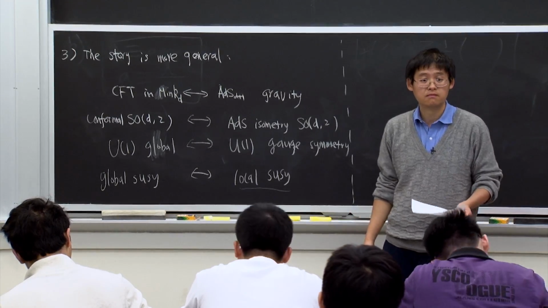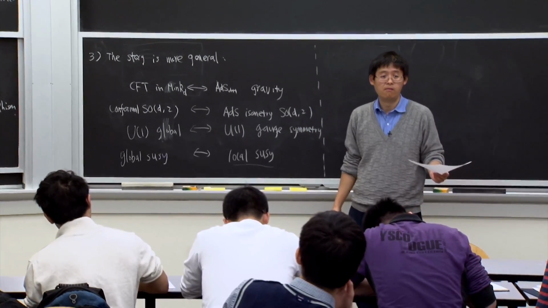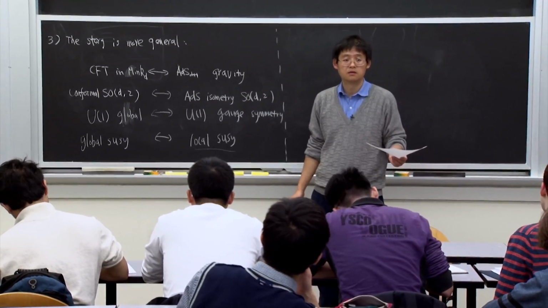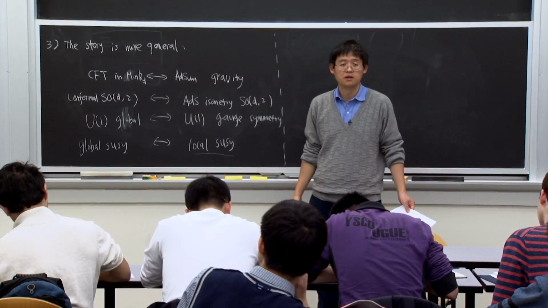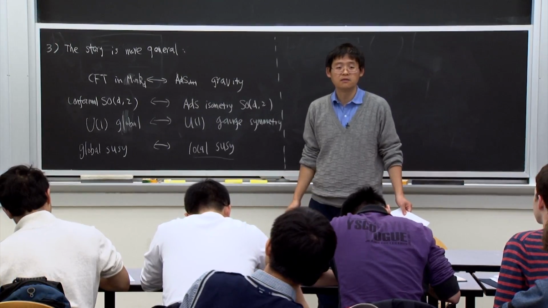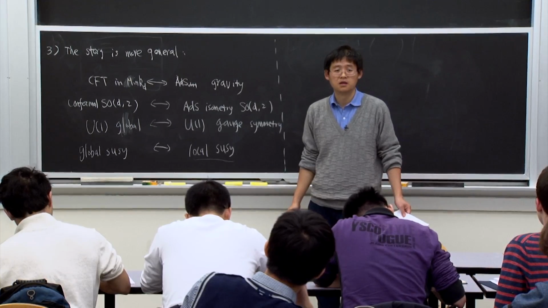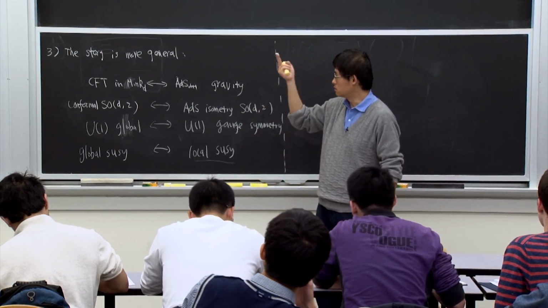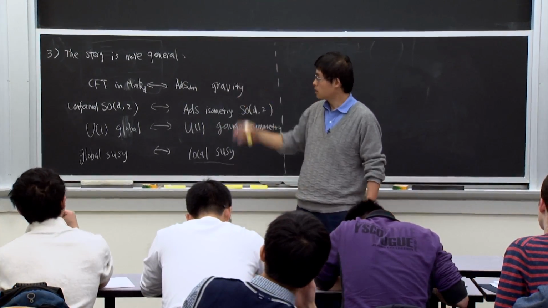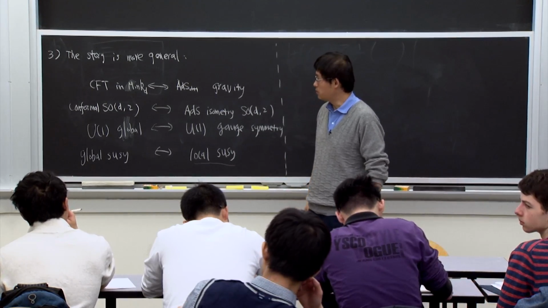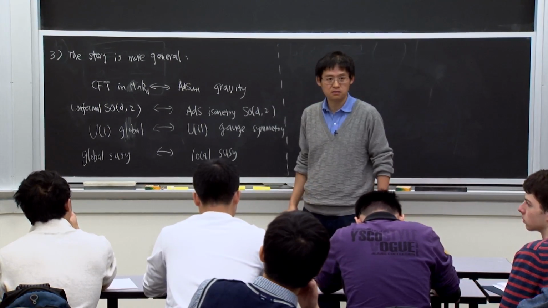Yes? What are the fermions in supersymmetry on the AdS side? In the low energy limit on the AdS part. Oh, it's the same thing. There will be some fermions.